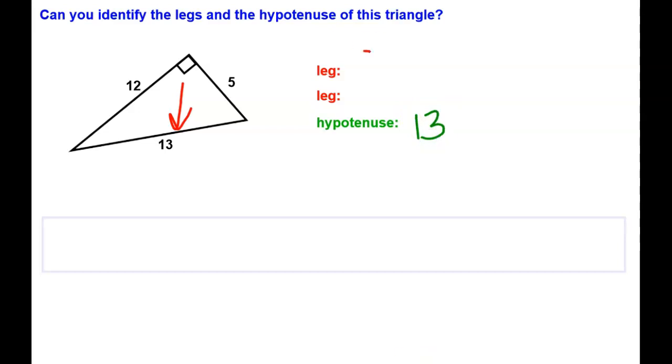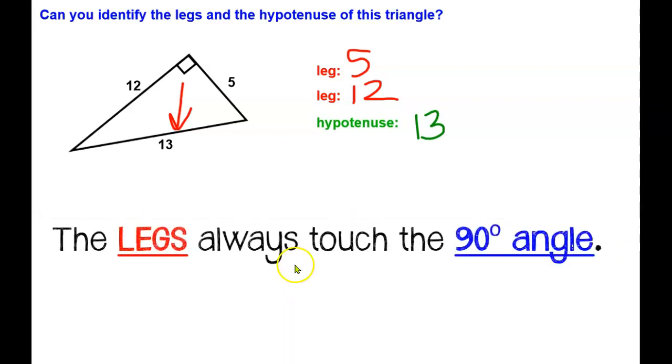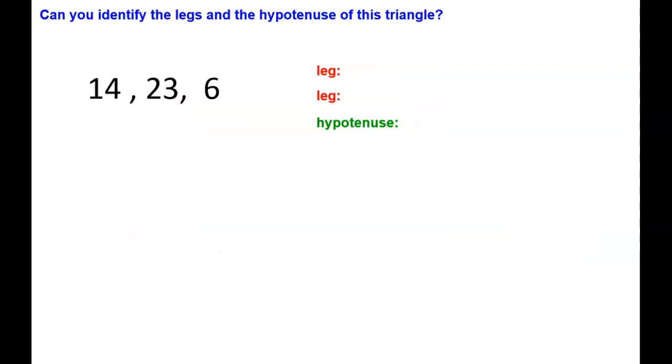That means that the legs are 5 and 12, or 12 and 5. It doesn't matter. The legs always touch the 90-degree angle, so that's another way you can double check your math. So the hypotenuse is always the largest side. It's always across from the 90-degree box, and the legs always touch the 90-degree angle.